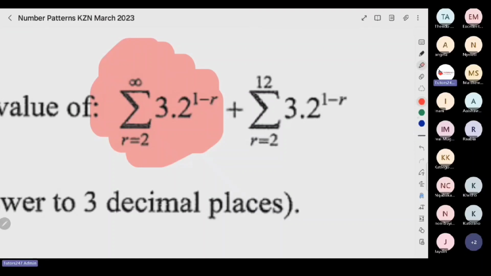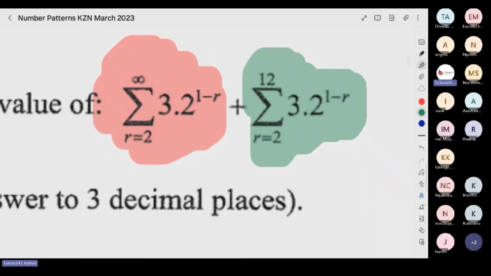Then separately, calculate the second sigma. Take note that because the second sigma has a terminating point, it ends, you can use your SN formula, the sum of n terms. So take the first sigma, evaluate it separately. Take the second sigma, evaluate it separately.